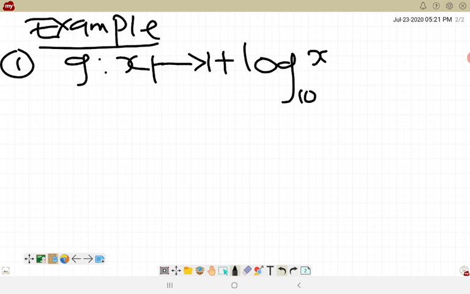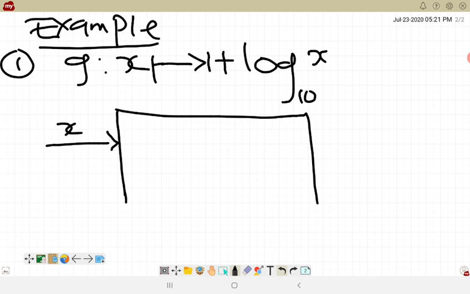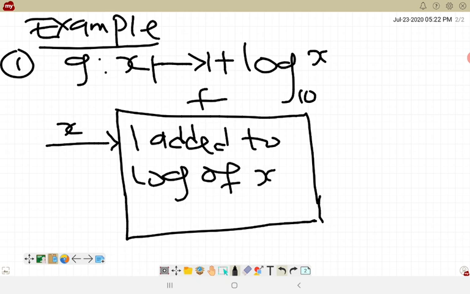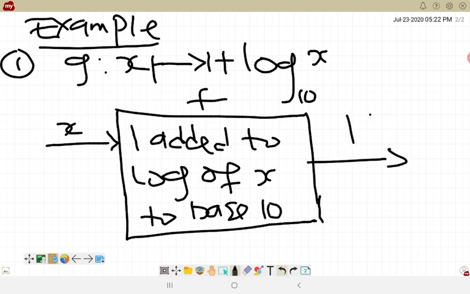Here your input is x, so g performs an operation, that is 1 added to the logarithm of x to base 10, and your output becomes 1 plus log x base 10. So this is the function.